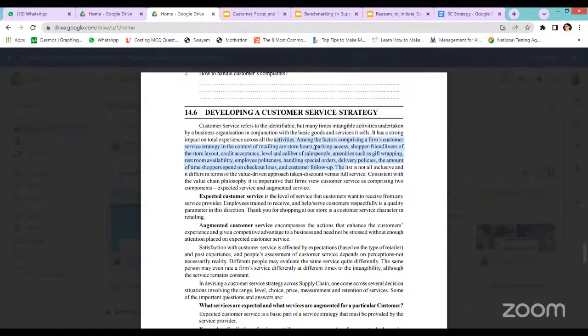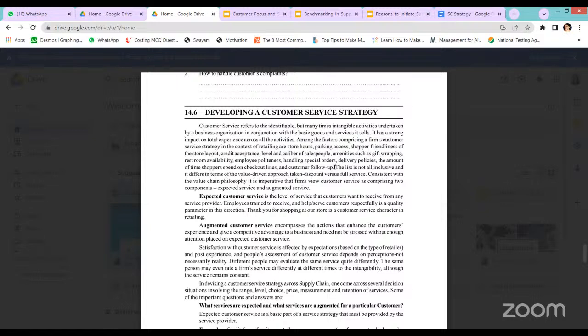Okay, and employees' politeness, special orders, deliveries, providing all these amenities is important for the organization. Customer follow-ups: we will find these in large organizations, customer-led organizations.